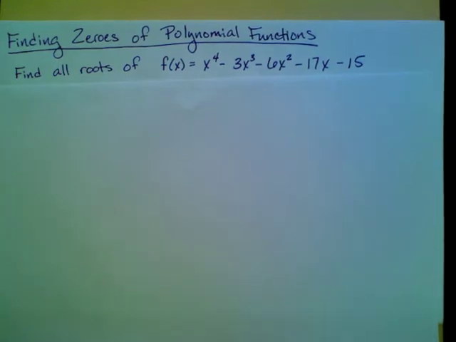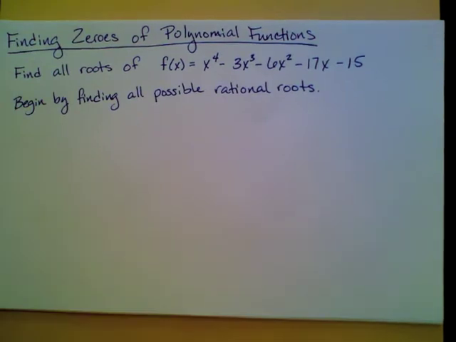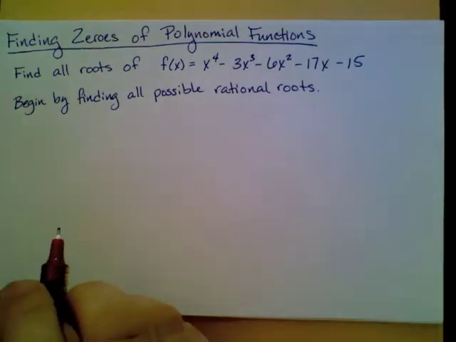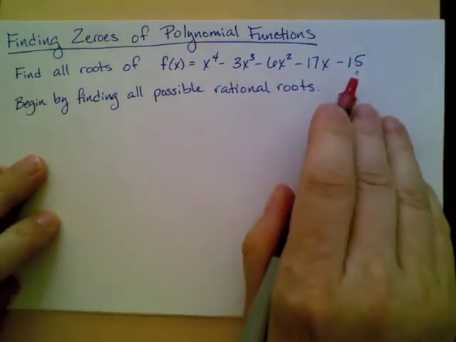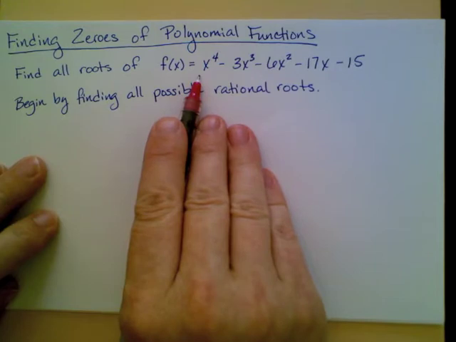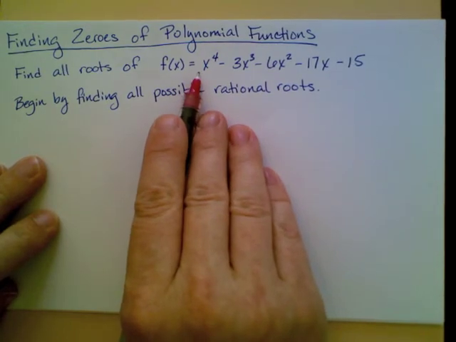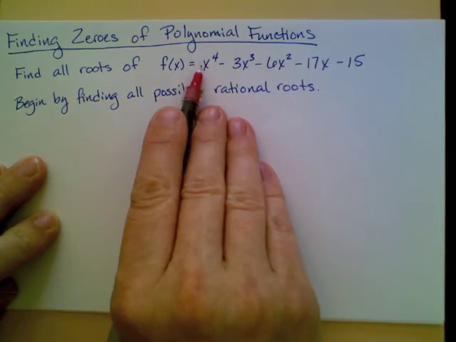So we're going to start by finding all the possible rational roots. Now, if you watched the rational root theorem video, you know that we can list out the possible rational roots by taking the factors of the constant term over the factors of the lead coefficient. Conveniently, this function has a lead coefficient that is 1.